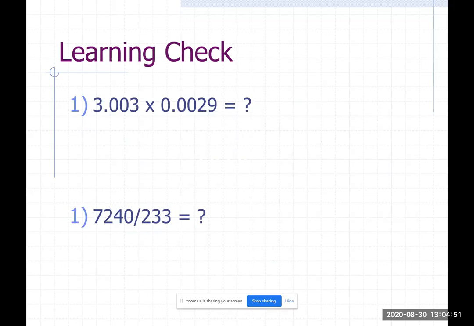If you have your calculator, you're going to put into your calculator 3.003 times 0.0029. When you do that, you're going to get some value out. Let's see what I get when I calculate this.